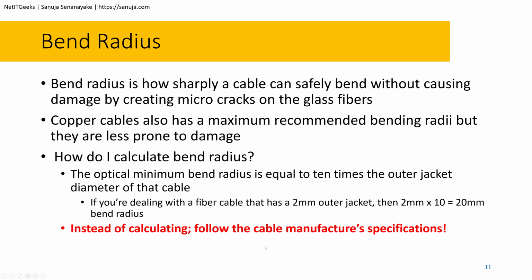But in real world scenarios, wherever you work, the majority of companies expect you as a cable installer, as a structured cabling engineer, to read the manufacturer's specifications. Read the damn manufacturer's specification. Don't try to be a superhero and start calculating bending radii. Instead, just read the manufacturer's specification for each cable type and each cable material. So that's what you need to do.